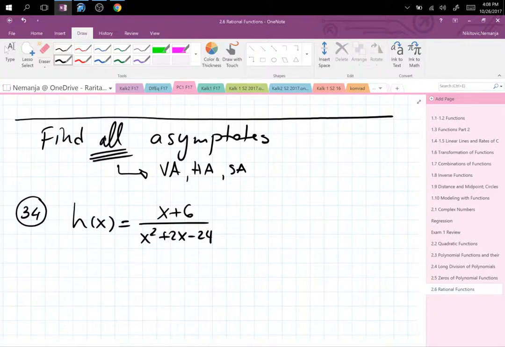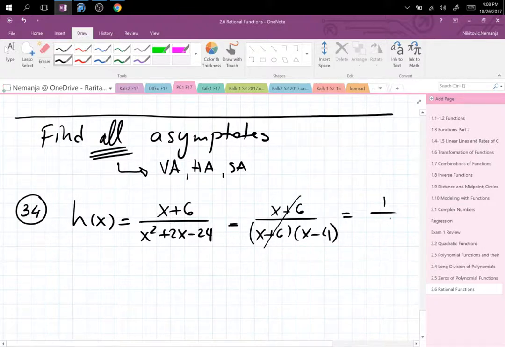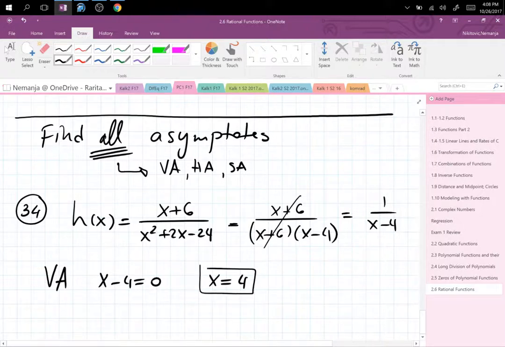So we actually have only one vertical asymptote. This is x plus 6 divided by x plus 6 times x minus 4, and these cancel. So we are left with 1 over x minus 4. When I set x minus 4 equal to 0 for the vertical asymptote, I get x equals 4 as the only vertical asymptote.